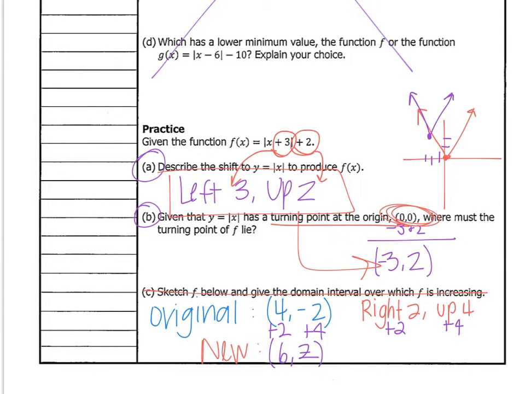I'll give you another one off to the side here. Let's say the original vertex or turning point is at negative 4, positive 6. The transformation is left 4, down 3. What are the coordinates of the new turning point?